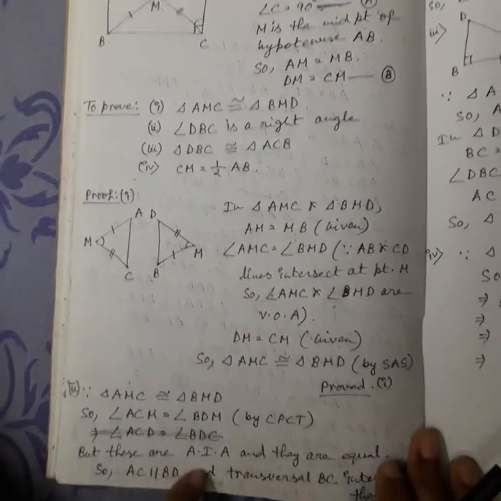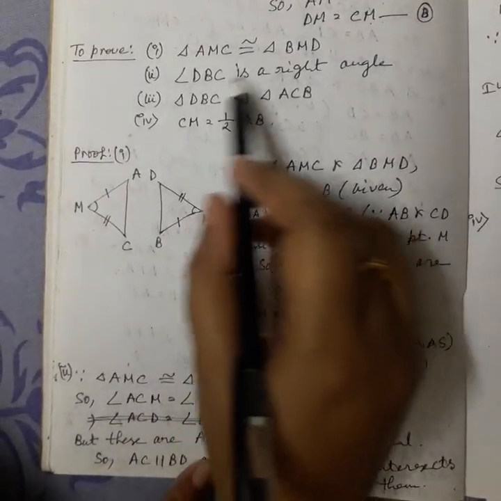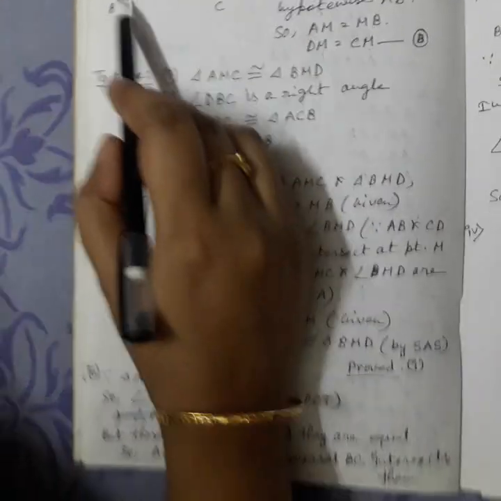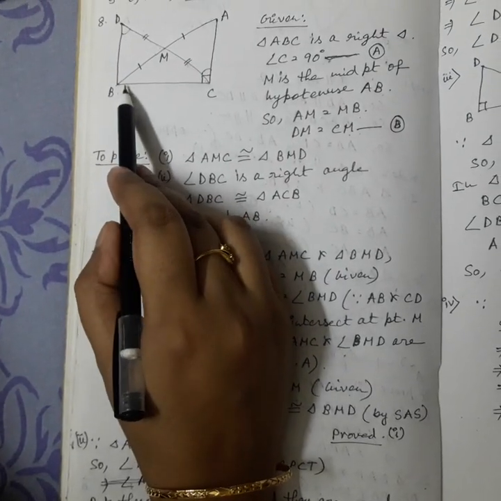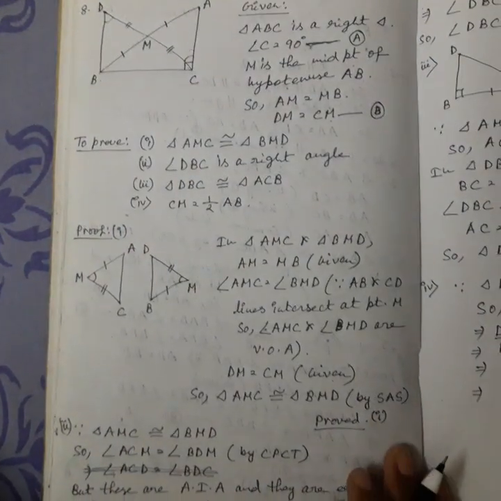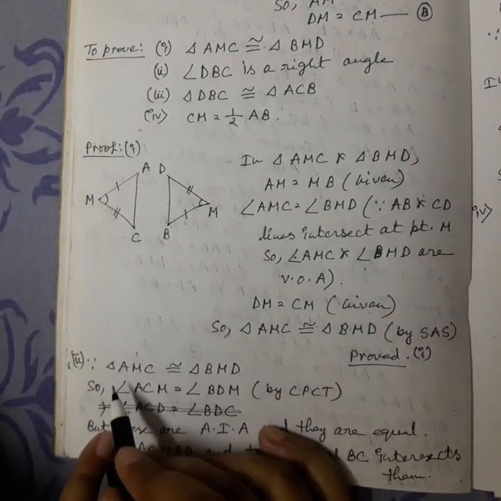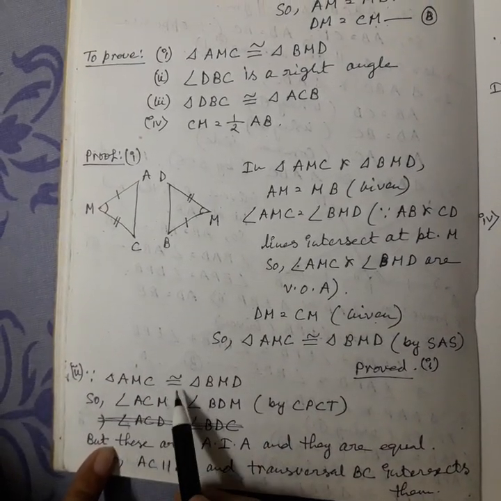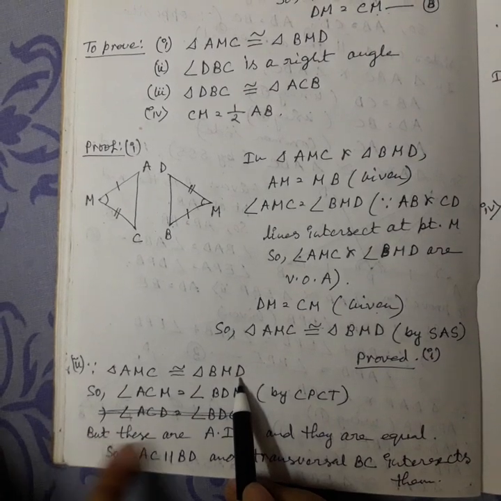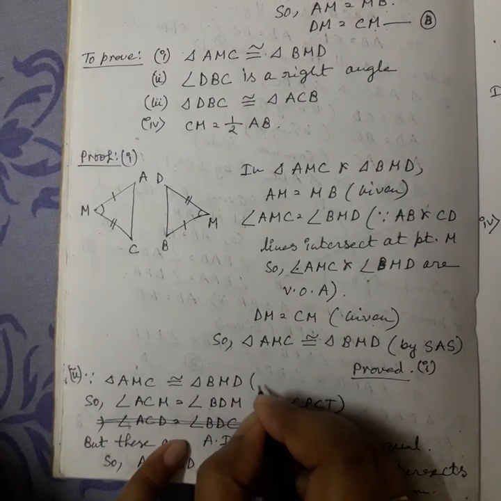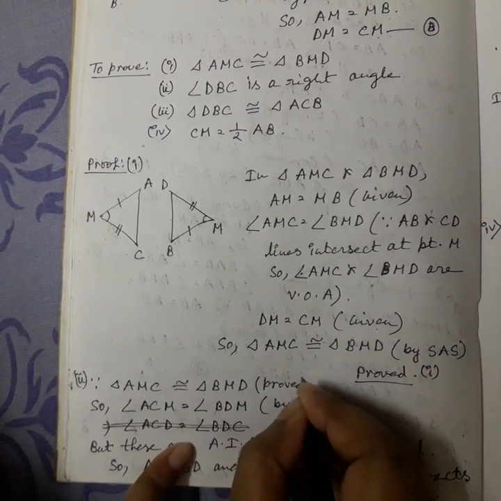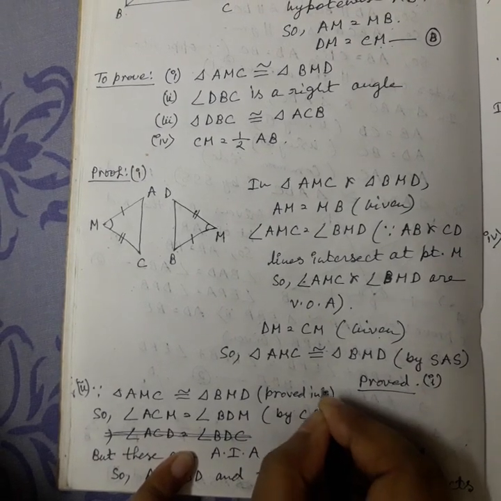Now for question number 2, angle DBC is a right angle, that means you have to prove angle B is 90 degrees. How will we prove it? First we have written, since triangle AMC is congruent to triangle BMD, which we have already proved, so here you will write proved in 1.